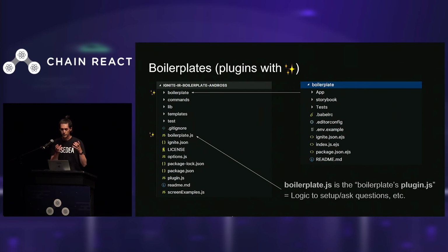It's the base template of the JS code you're going to want to have in your application at startup. It's also templated, so you can use variables in there. And there's a boilerplate.js file that's actually just the boilerplate's plugin.js. So that's where you're going to put your logic to ask questions, and with these answers, add, for example, Ignite plugins, or patching other native files.